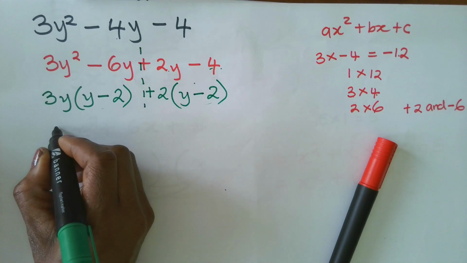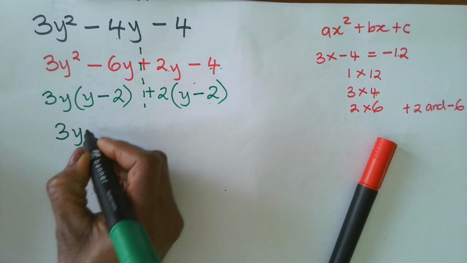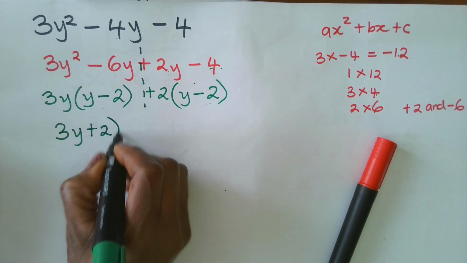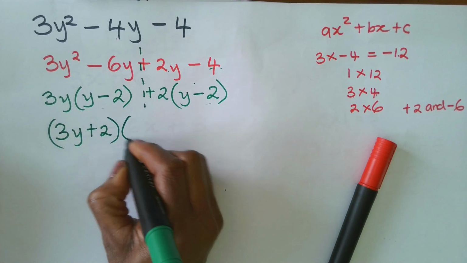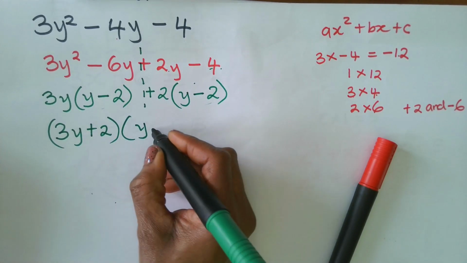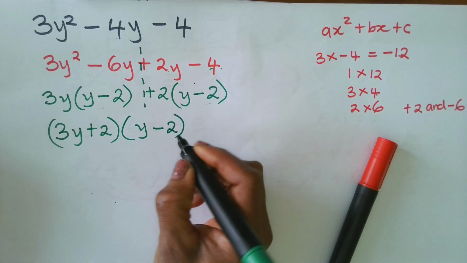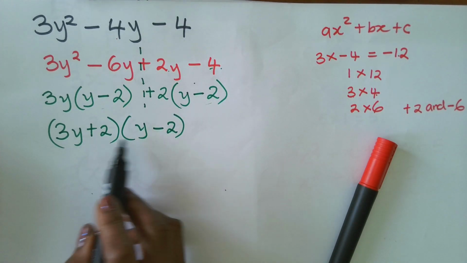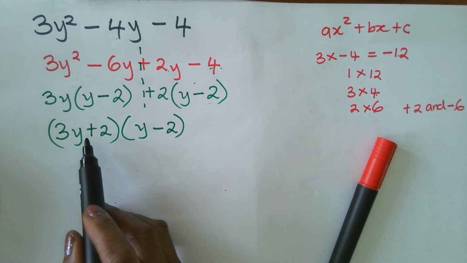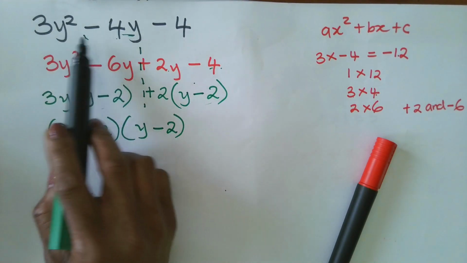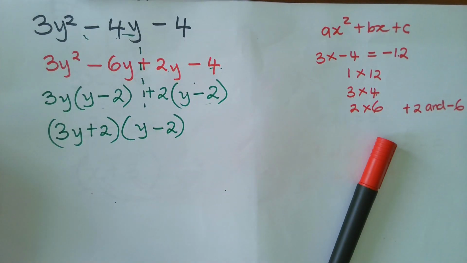So now our answer is going to be 3y plus 2 bracket, and then y minus 2. Now if we expand these two brackets, we're going to get our original question.